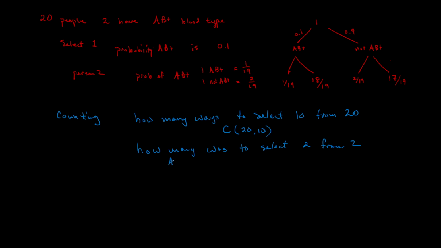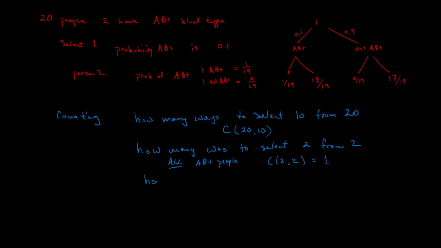In other words, all the AB positive. I've only got two, so two from two. It's combinations of two things, taken two at a time. And as you know, this is equal to 1.